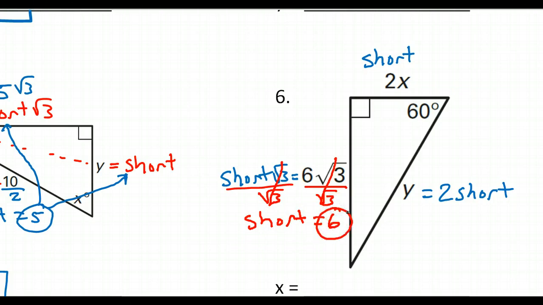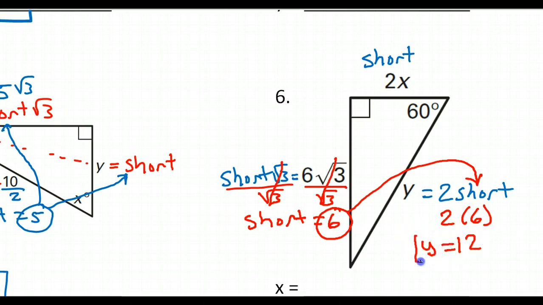Now I can take that 6 and plug it in different places. I've got short right here, so that's going to give me 2 times 6, which is 12. So that gives me that y equals 12.